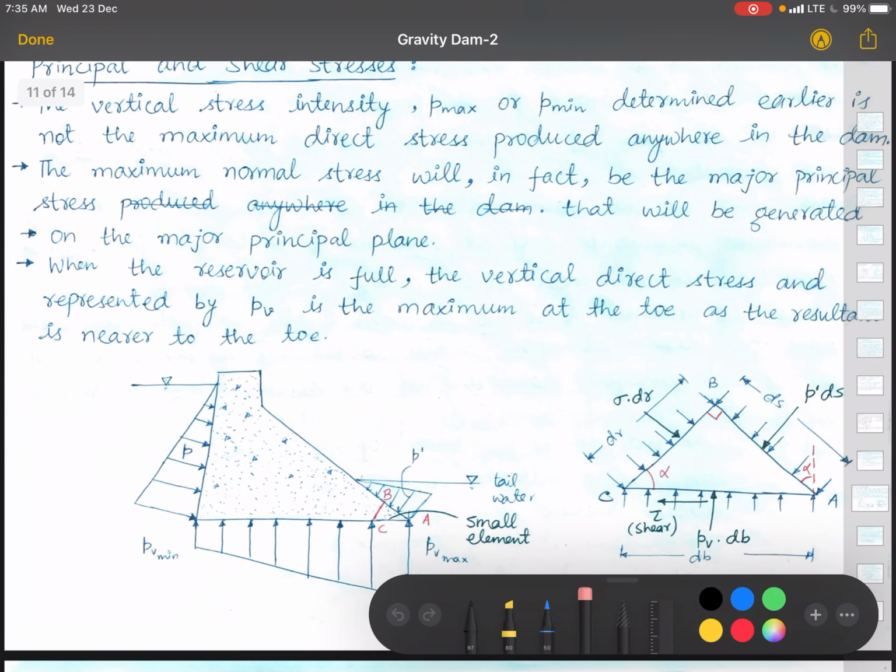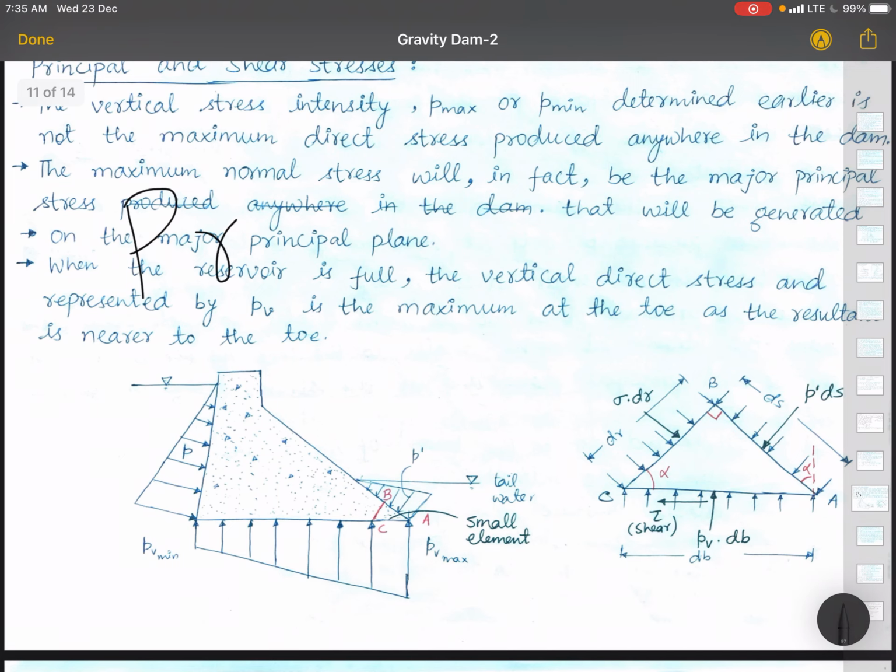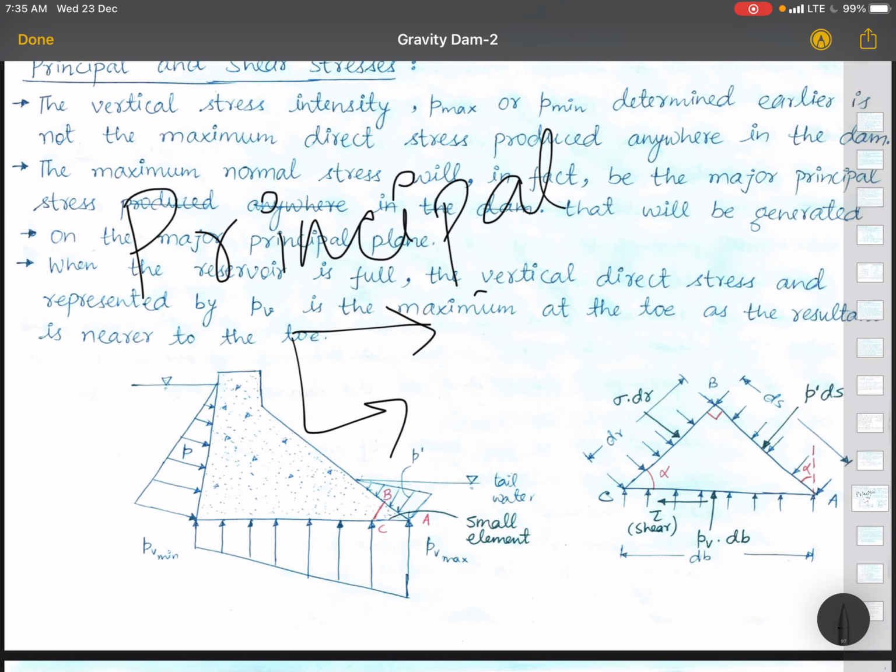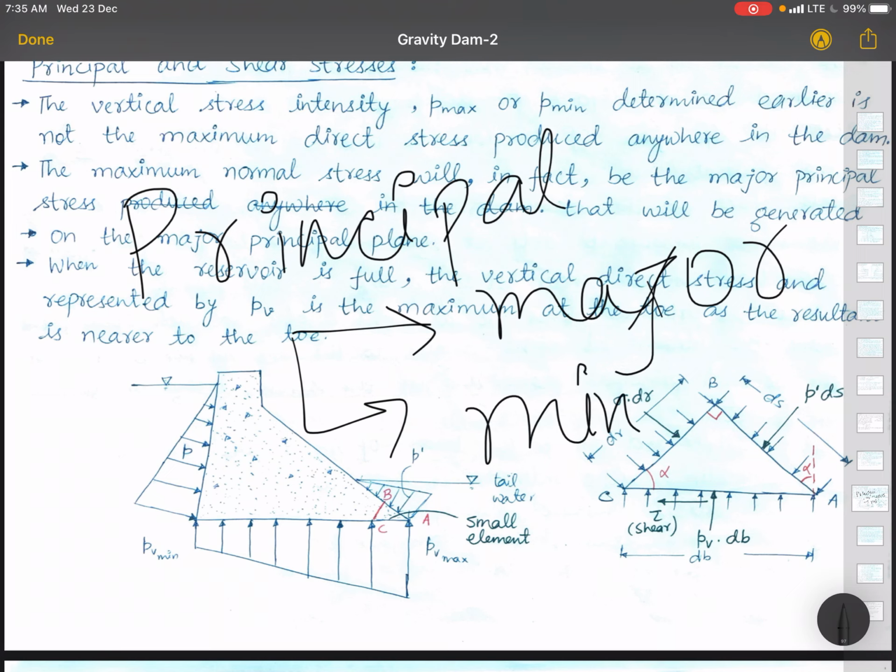So what is a principal stress? Principal stress can be either the major principal stress or the minor principal stress. Major means that at any point of the body, any stress generated cannot exceed this value.